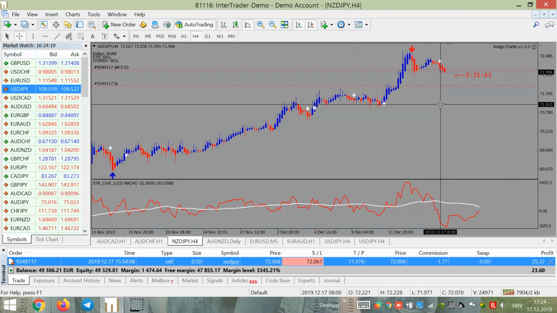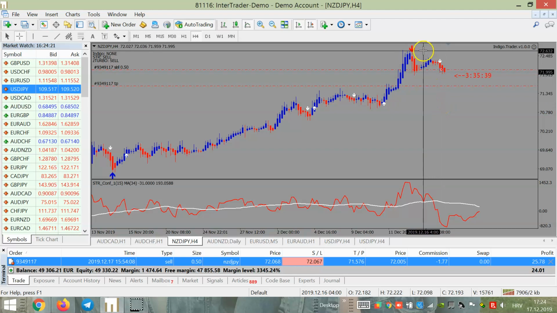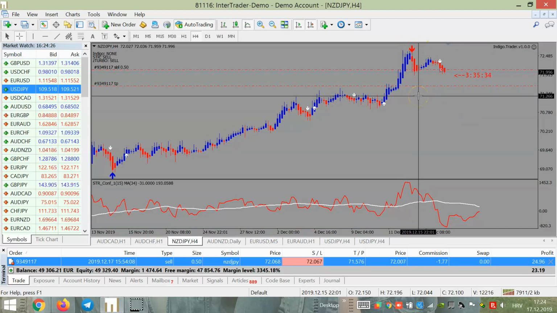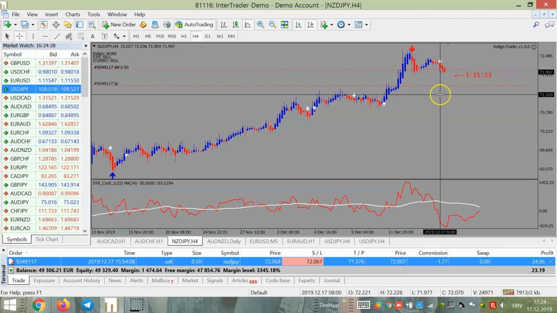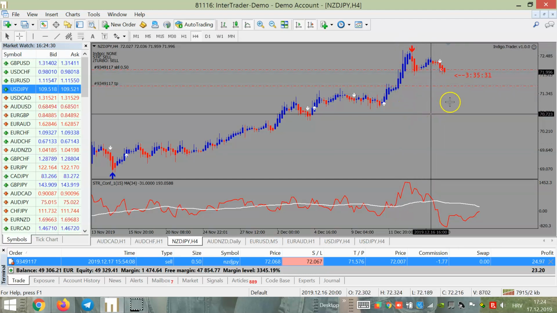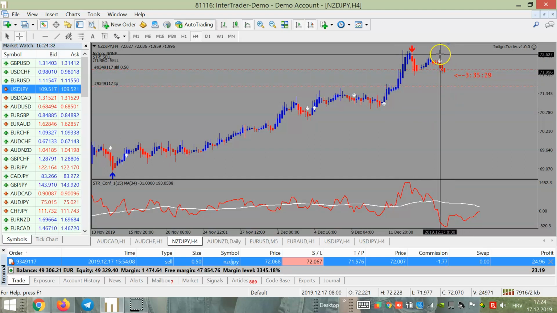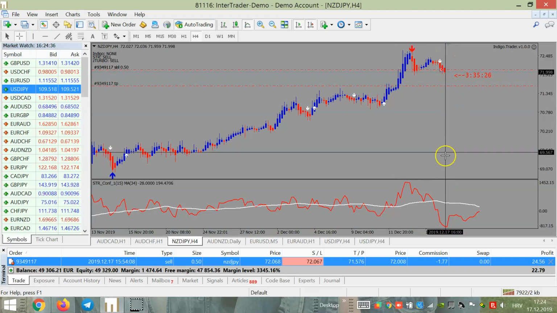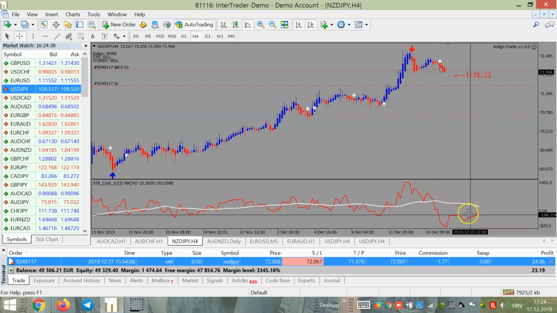Why? Because we have a red arrow, which means the trend, downtrend, the change of trend. Then it waits, as I explained in many videos on how it works, for the white arrow, and this must be confirmed.